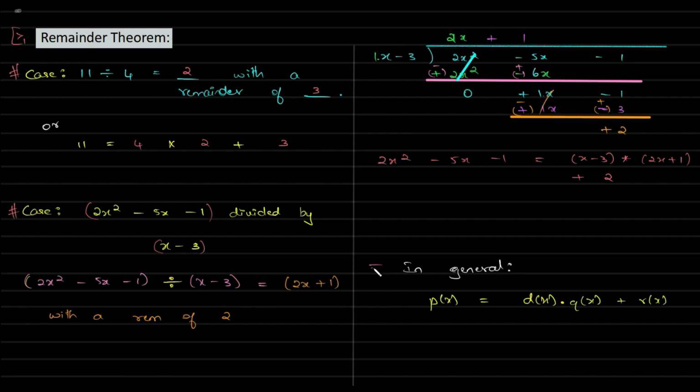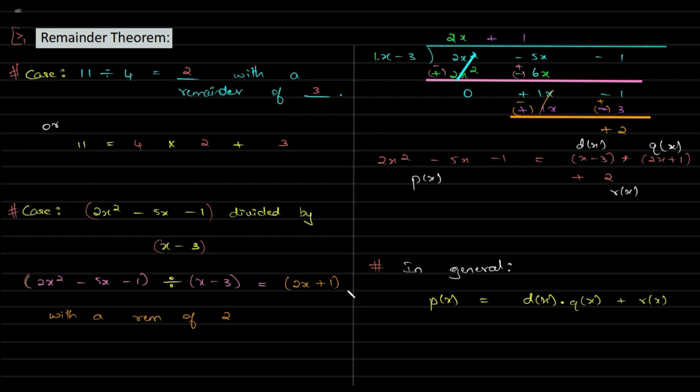So in general, we have p of x is equal to d of x, that is your divisor, into quotient plus remainder. If I take this as p of x, this as d of x, quotient and the remainder, we can write in this manner.